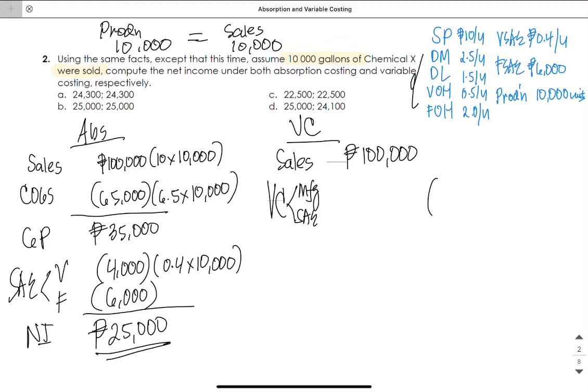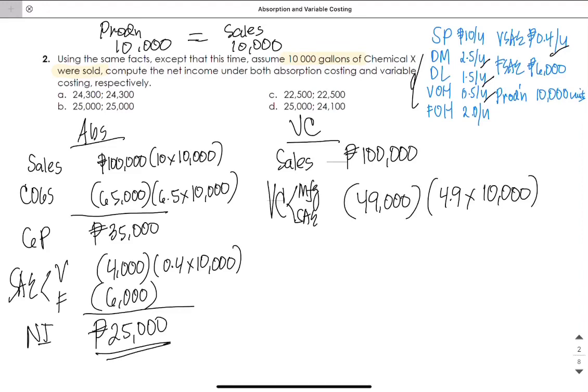We just have to add everything: 2.5, 1.5, 0.5, and 0.4. So that is 2.5, 4.5 plus 0.4, that is 4.9 times the number of units sold again, which is 10,000. So we have 49,000.